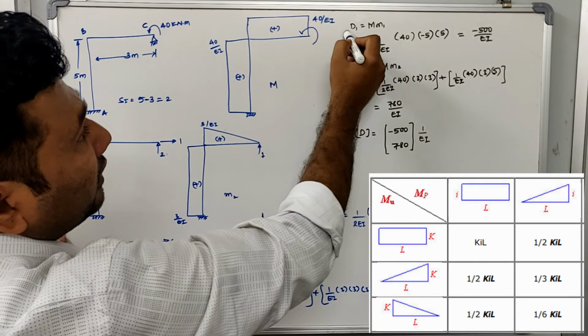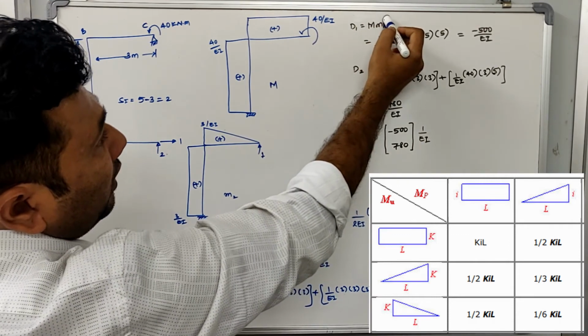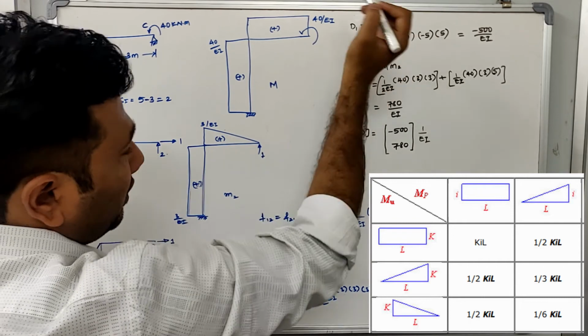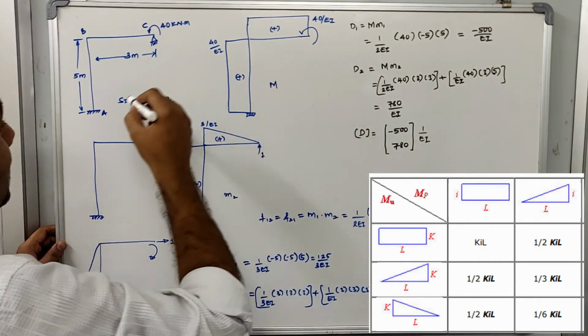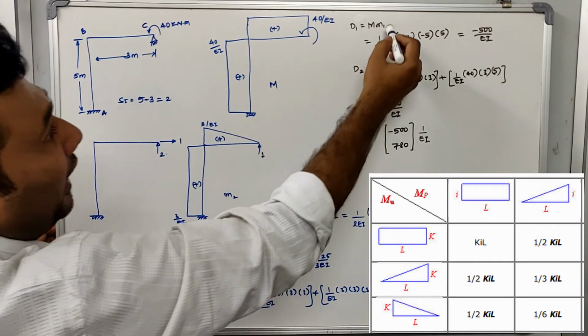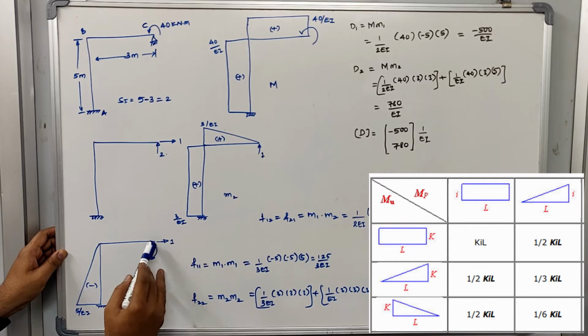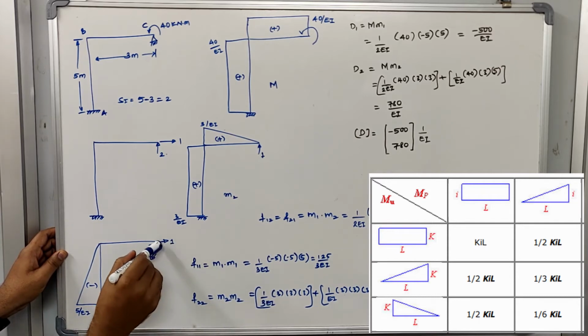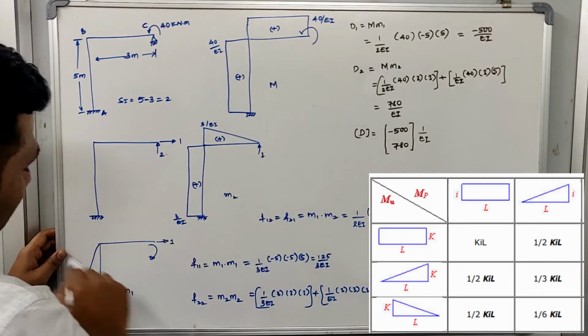So displacement in the horizontal direction equals capital M multiplied by small m, M1. Capital M is the bending moment diagram created because of the external loading, and M1 is the bending moment diagram created because of the unit load in the horizontal direction. So we are determining the translation at this point, which equals this diagram multiplied by this diagram.